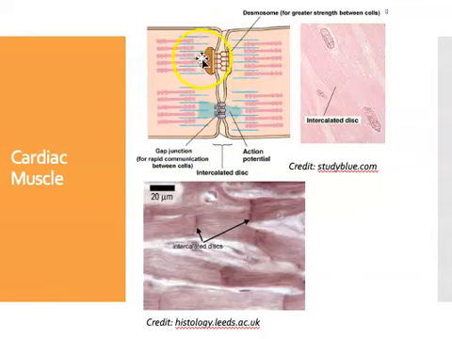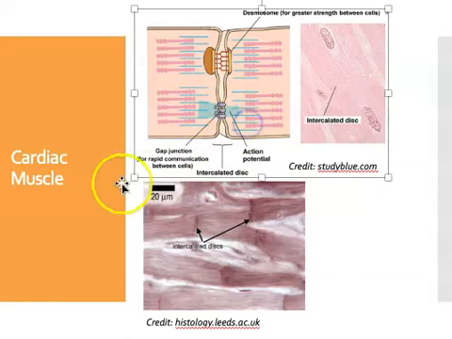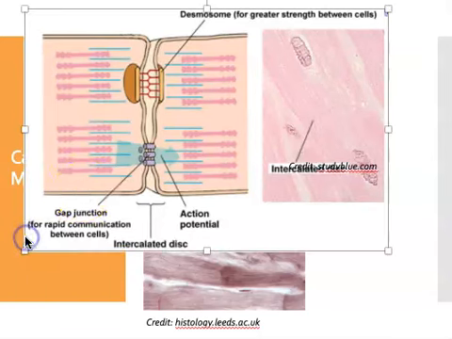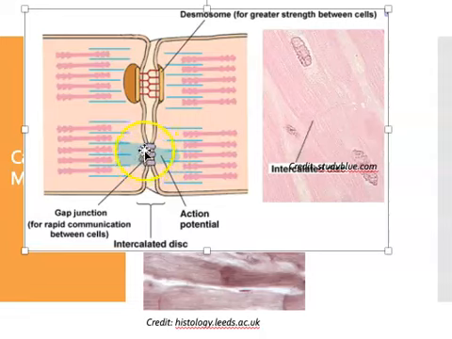Remember, the desmosome has the job of just physically anchoring these two membranes to each other, just like we saw in the integument. Down here, the gap junctions are providing a tunnel. And that's what they're showing us. These two membranes are being brought very close together, and a tunnel has been created so that as an action potential travels down this membrane, it's going to just pop in and travel through the gap junction and go right into the next membrane.